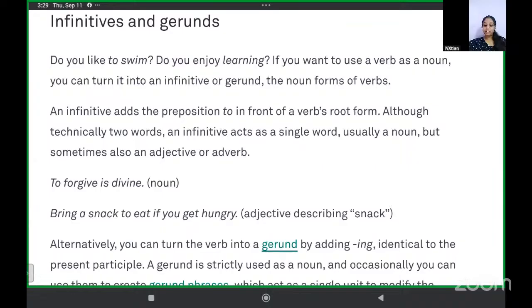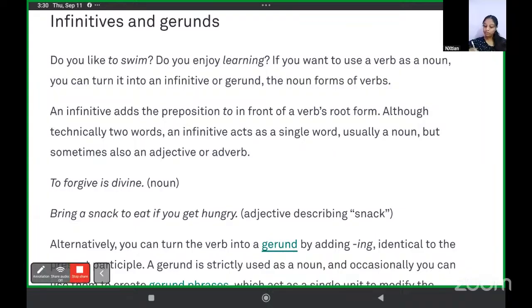These are the noun forms of verbs. An infinitive adds the preposition in front of a verb's root form.